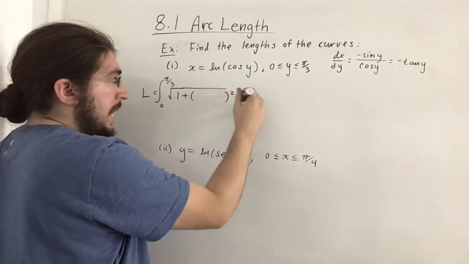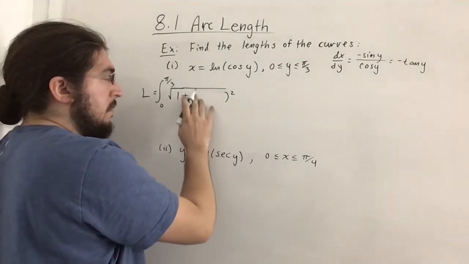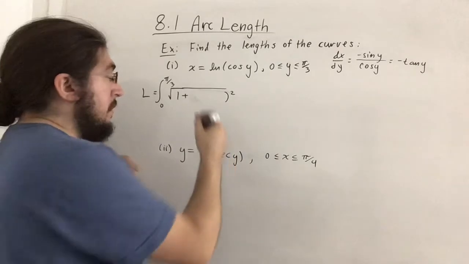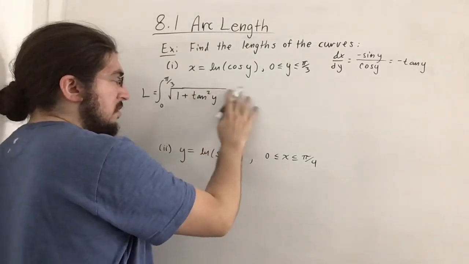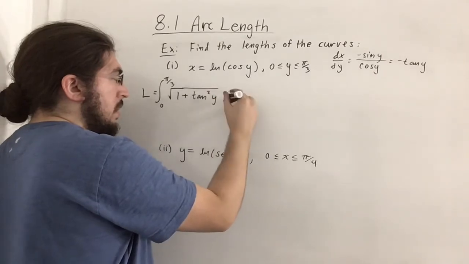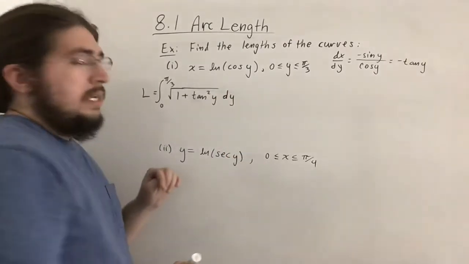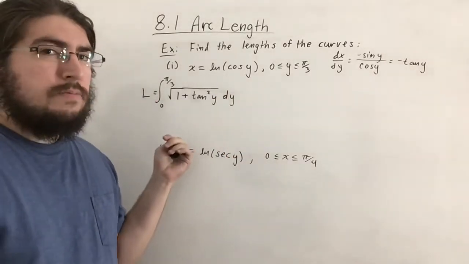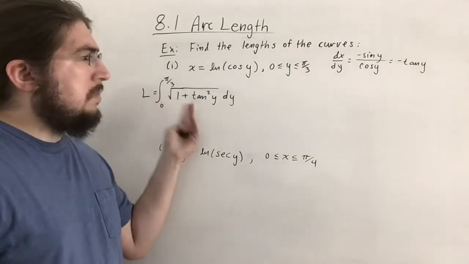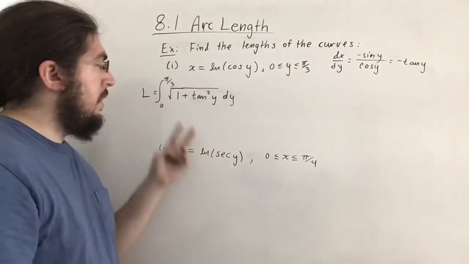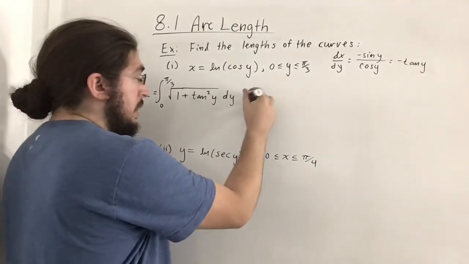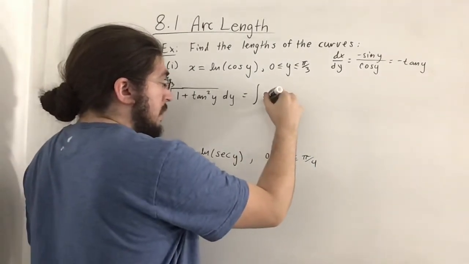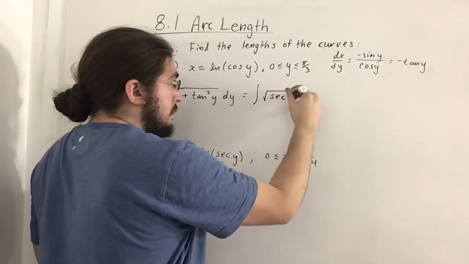If you square negative tangent, that's just tangent squared, because when you square a negative, the negative goes away. And something really magical happens here, well, maybe not super magical because possibly this is by design of the problem. 1 plus tangent squared requires a Pythagorean trig identity, which is secant squared. Perfect.